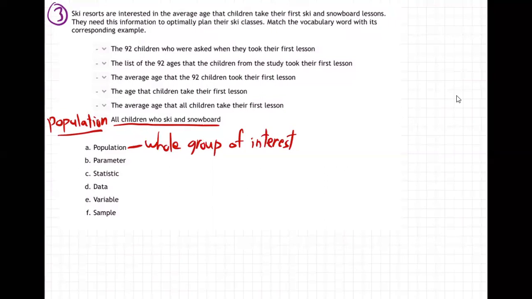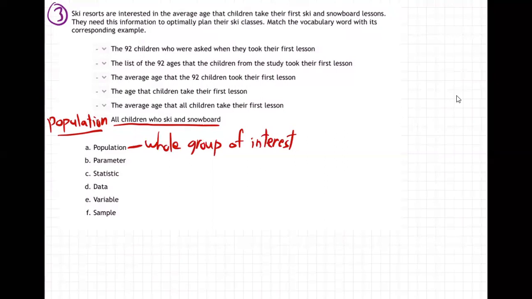So like in this question, the ski resort people, they're wondering about children that ski and what the average age is when they take their first ski and snowboard lessons. So the population is all children who ski and snowboard. That's who they're focused on. That's their group of interest.